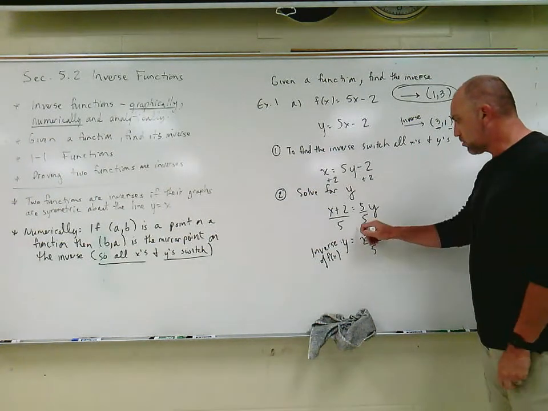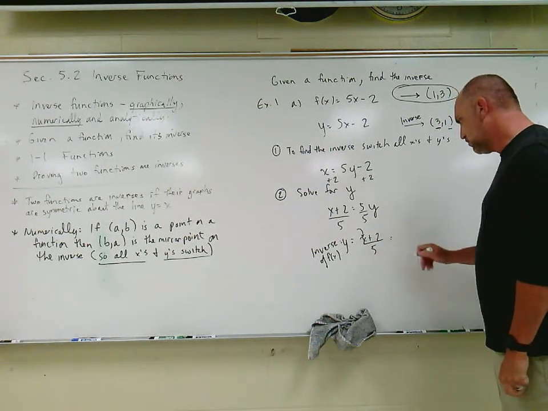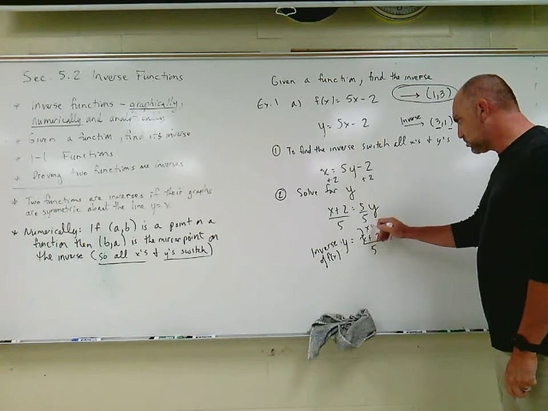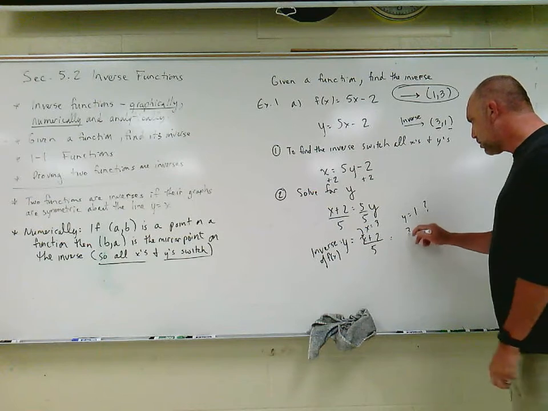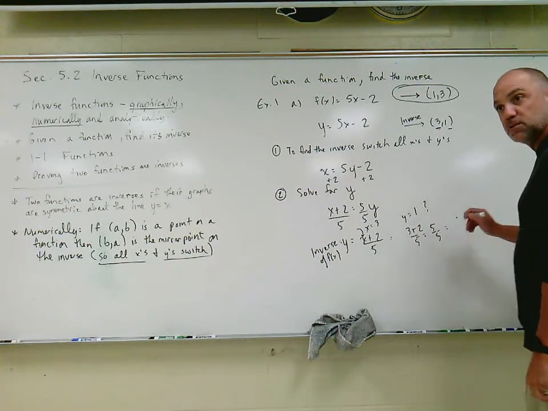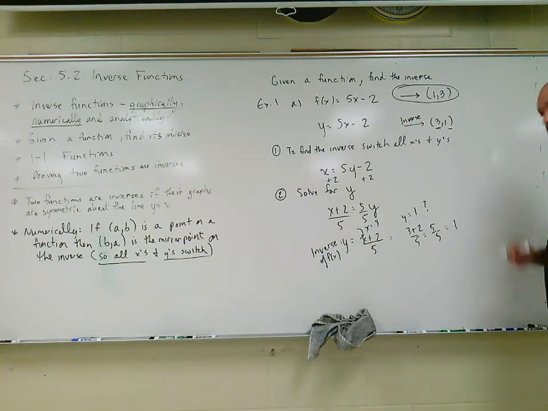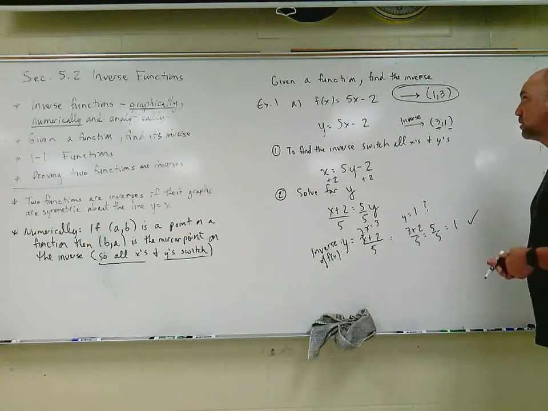So I'm going to plug a 3 in for x. If x is 3, does y equal 1? That's the question. Well, 3 plus 2 over 5 is 5 over 5, which is 1. So it feels pretty good that those are inverses. And it should do that for any points that you pick.